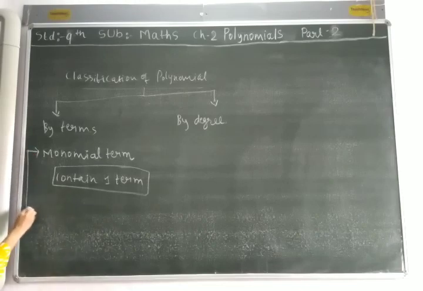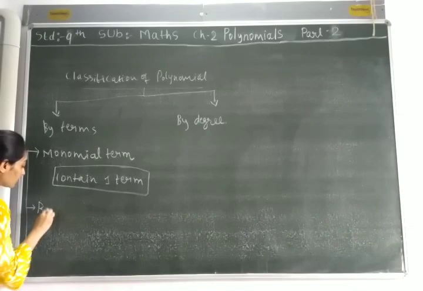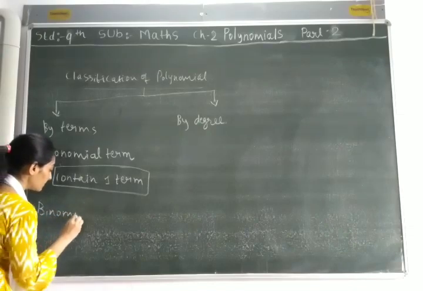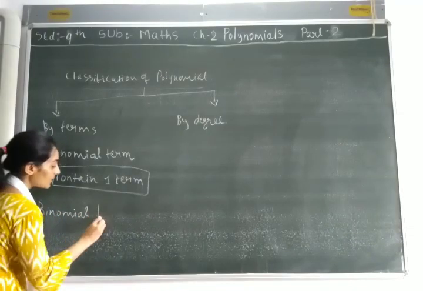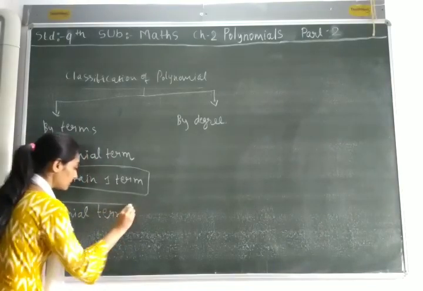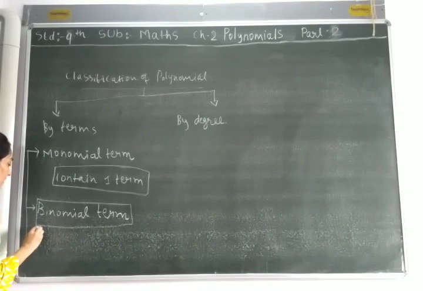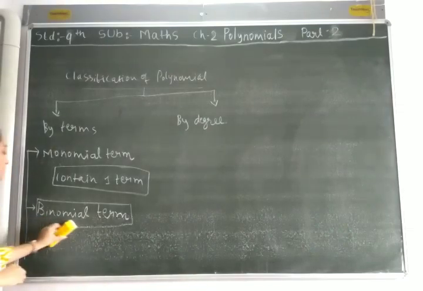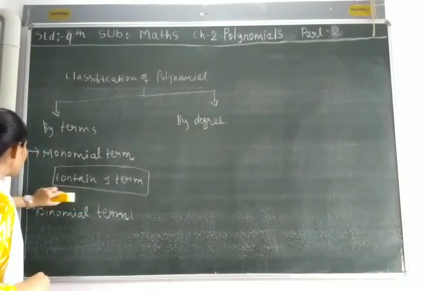Okay, now the second one is binomial term. A binomial contains how many terms? Two terms are there.